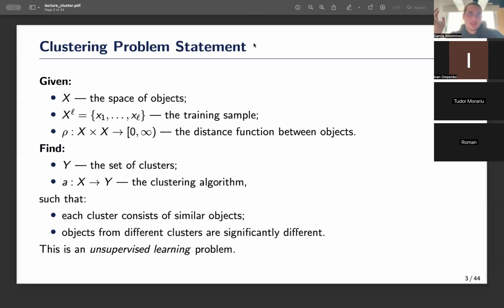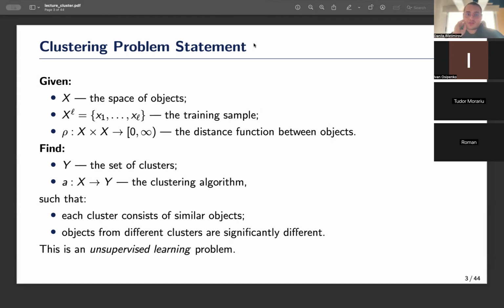So let's talk about the problem statement. The task of clustering, or as we know, unsupervised learning, is formulated as follows. Given a training data set X^L, which is a set x_1 through x_L and a subset of some space of objects X, and a distance function between objects, for example rho.